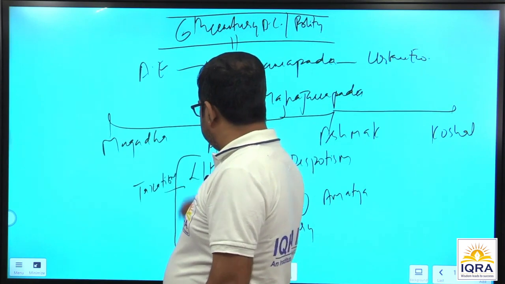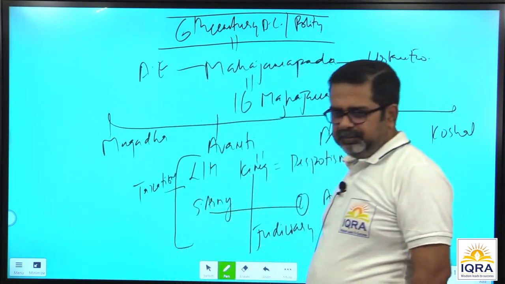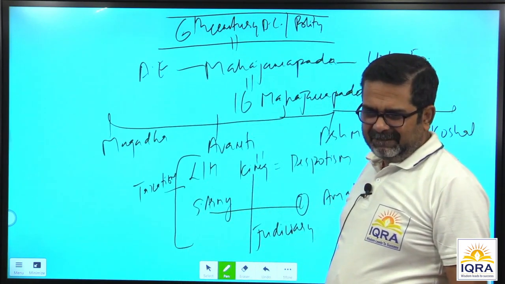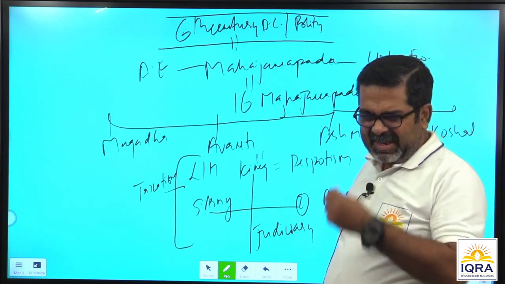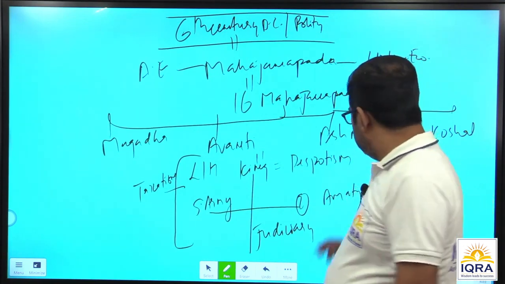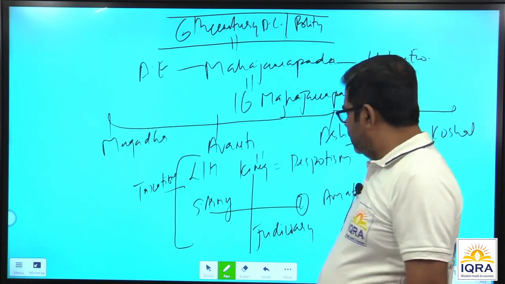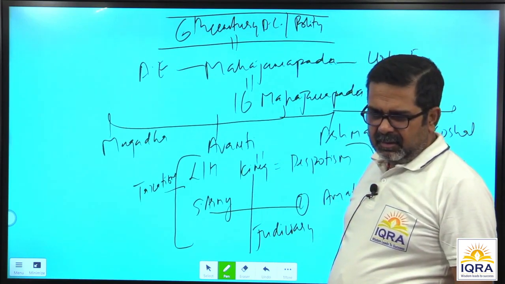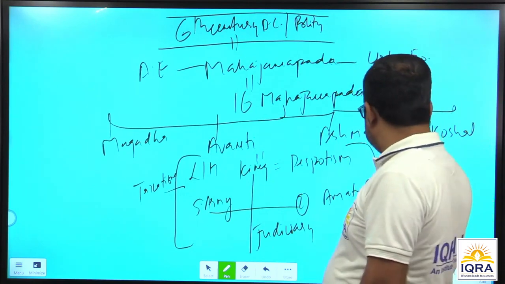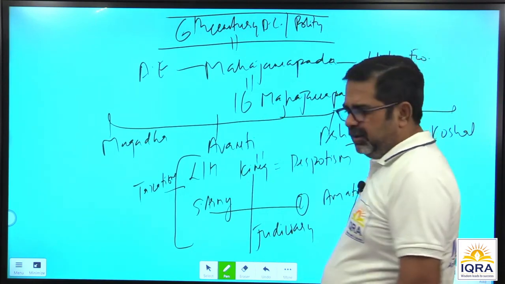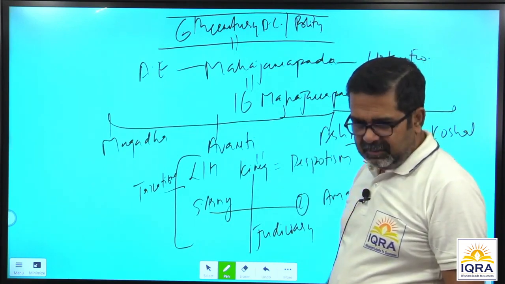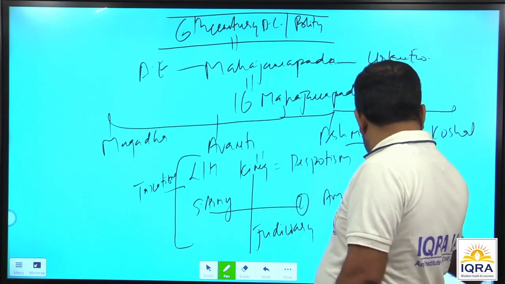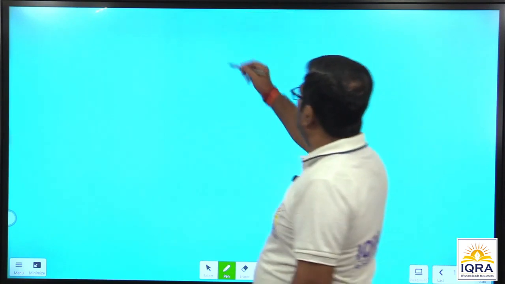A developed taxation system. Council of Ministers. Parishad. 6th century BC. Mauryan period.